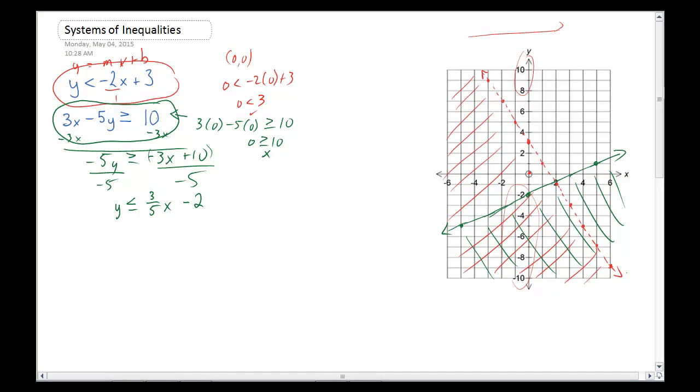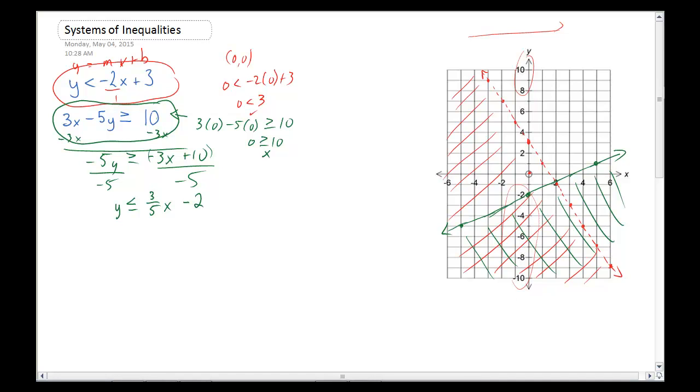Now, you may notice that they don't really cross at a nice point. That's not important, because there's not just one answer. It's not just the one on that point. We want to mark anything that works in both of those equations at the same time, which is a whole bunch of answers. Note that I've got both red and green in this little quadrant right here.